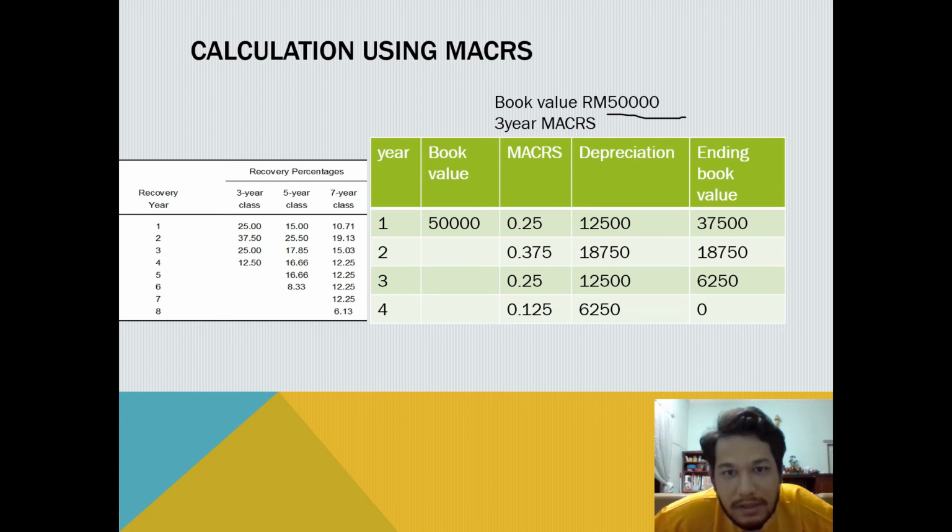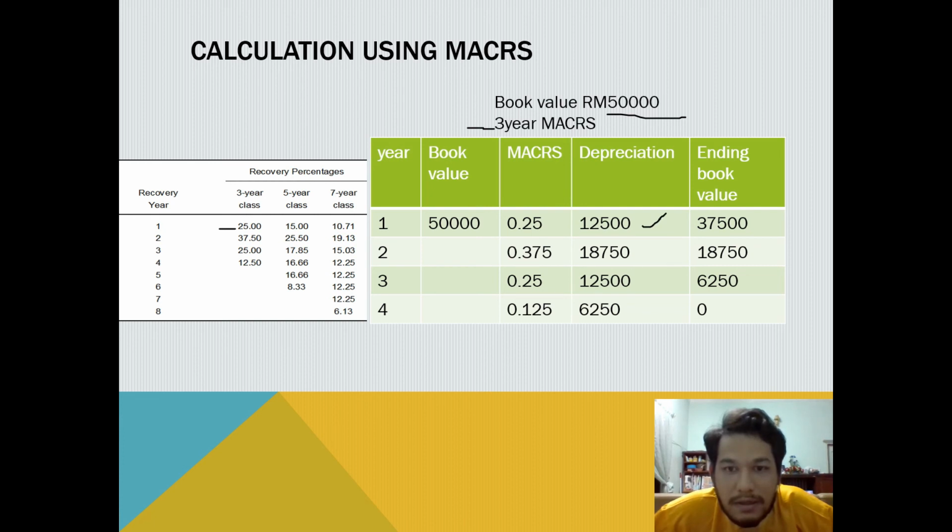This is how to calculate it: the book value is the cost, 50,000, multiplied by the recovery percentage, which here you can see is 33.33%, and we can change it to a decimal, 0.25, so you can get 15,000 multiplied by 0.25, and you get the depreciation.